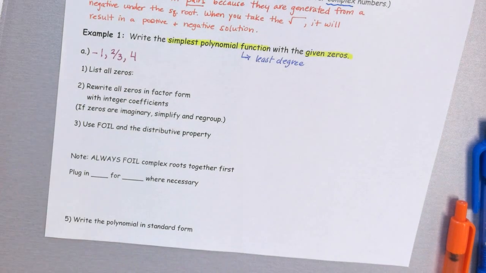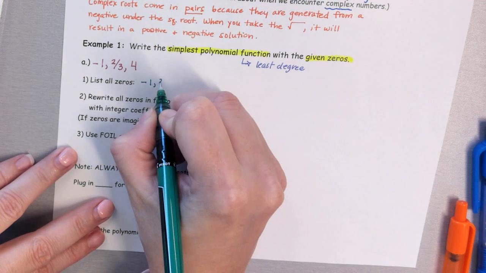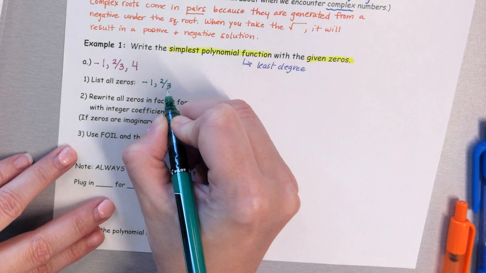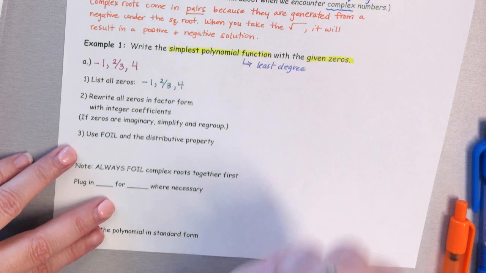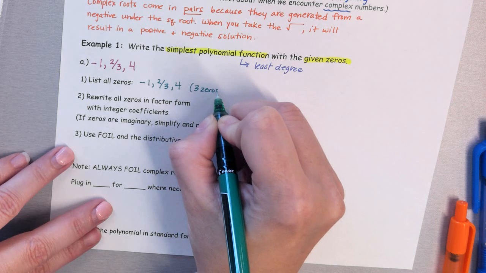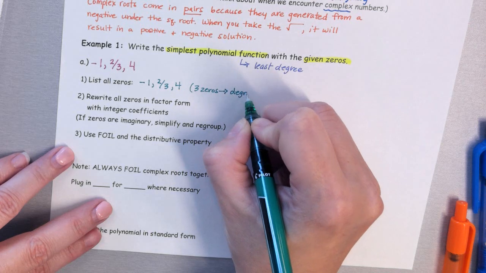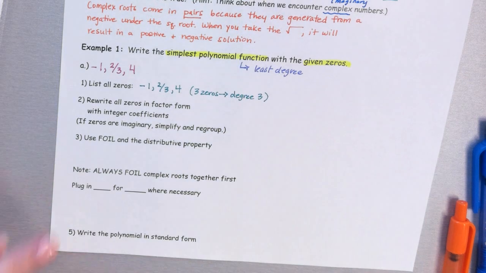So for number 1, listing all of the zeros is just the same as the ones that are given: -1, 2/3, and 4. What we take from this is there are 3 zeros, which means the degree of the polynomial we're going to generate has to be degree 3.